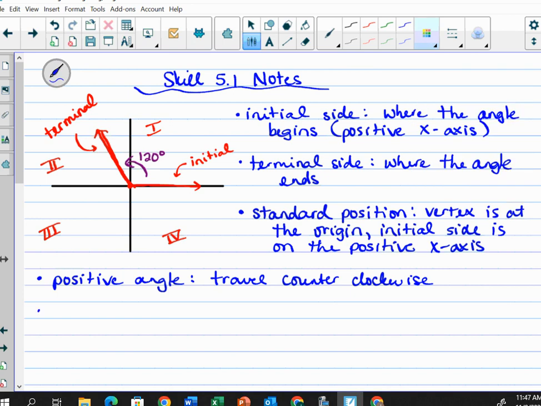Now, we can also have a negative angle. What do you think is going to happen with that? Yeah, when you travel clockwise.